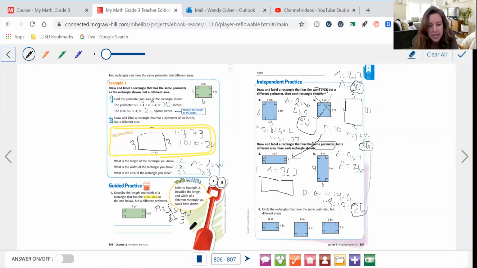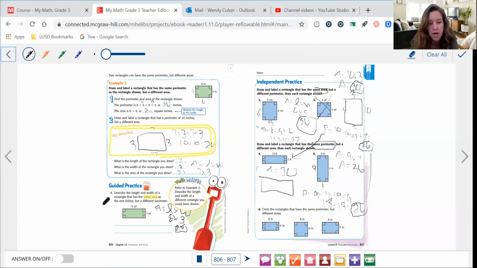When I do 8 times 3, I get 24. So that means it would take 24 square yards to cover that rectangle. So whatever other rectangle I make, I want it also to have an area of 24 square yards, but I want it to have a different perimeter.